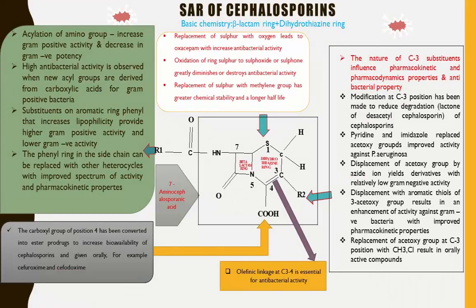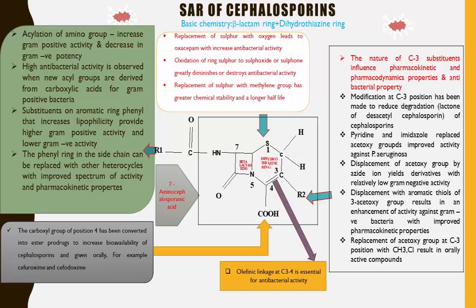Now I will discuss the SAR of cephalosporin. The general structure of cephalosporin contains a beta-lactam ring and a dihydrothiazine ring. At one position of the dihydrothiazine ring, the sulfur atom is present. First, replacement of sulfur with oxygen leads to a compound known as oxacephem, which has increased antibacterial activity.